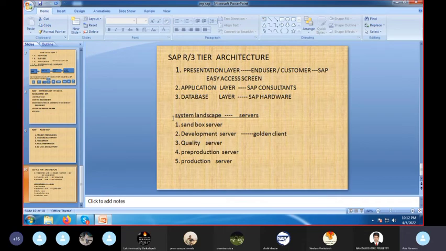That is called a rollout project. Then upgrading means any new version came. If we want to upgrade, we will do it in upgrading projects. Mergers and acquisitions is where two different companies merge into one. Mostly we will not find that type of projects.